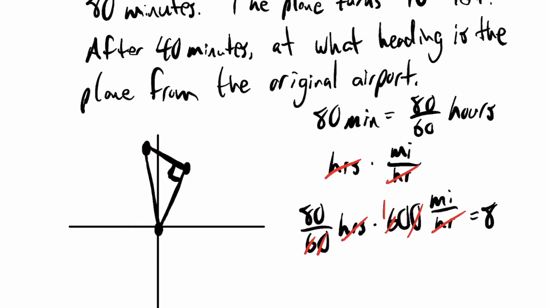So that's going to be 800 miles. Does that make sense? Yes, sir. Okay, so the plane is going 800 miles during that time. So that's this part of the trip, 800 miles.